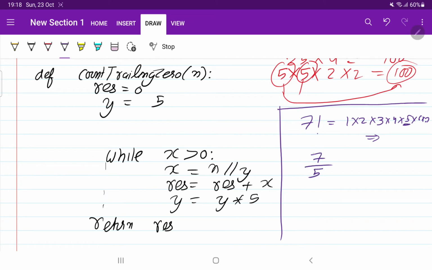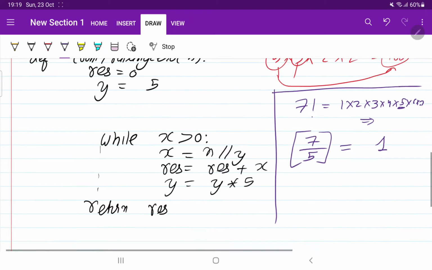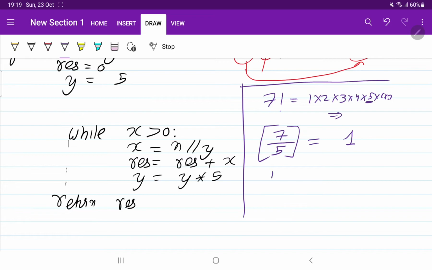First of all, I will divide 7 by 5. I told you, in a computer, if we divide numbers, we get an integer solution. So what we got is the value 1. Correct? Instead of 7, if we take 12, then 12 factorial will have 5, then 9 into 10 into 11 into 12.